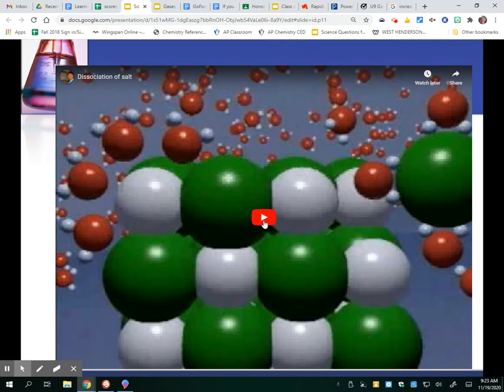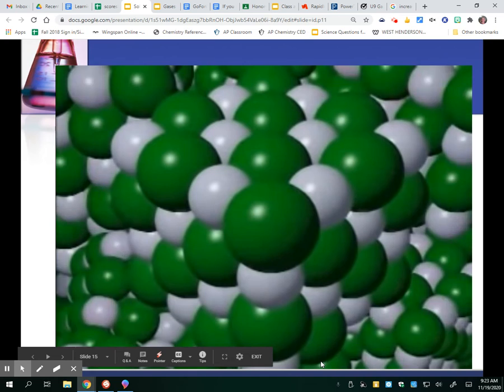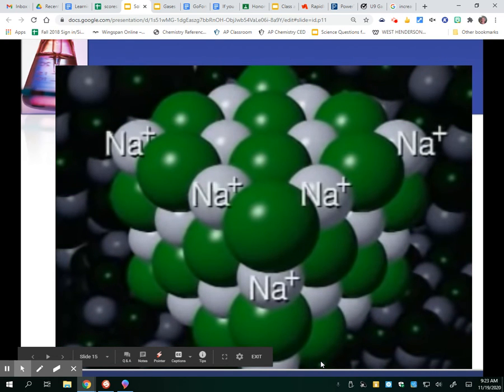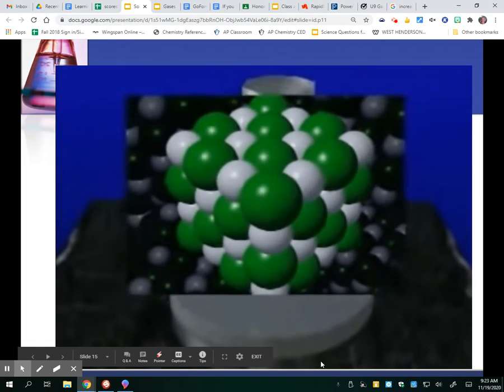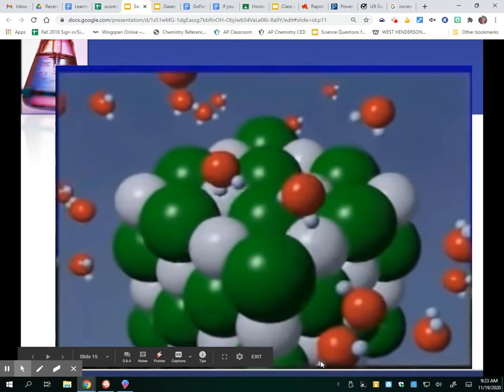Here's a nice little video. We'll look at this with an animation. And with this one, we've got salt. We've got our sodium ions that are white, and our chloride ions, which are green. So when we put salt in water, we're going to add some salt here, and then we'll probably stir this around.